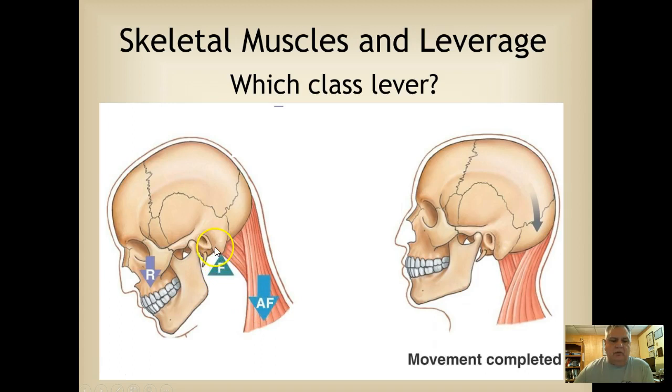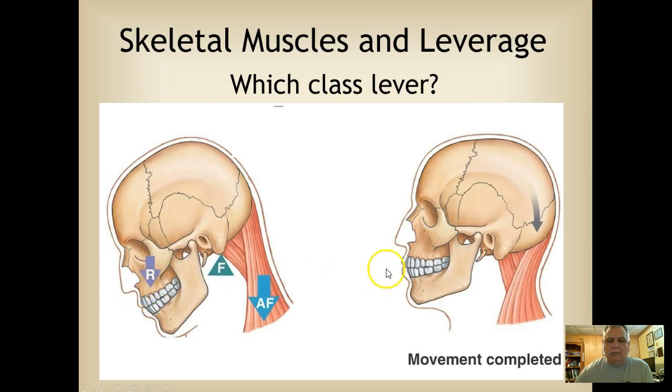The fulcrum is going to be right over the foramen magnum. It looks like it's right over the mastoid process, but actually it's right about the foramen magnum, which is the exit point for the spinal cord, right? And then the resistance is going to be the weight of the bones of the face.